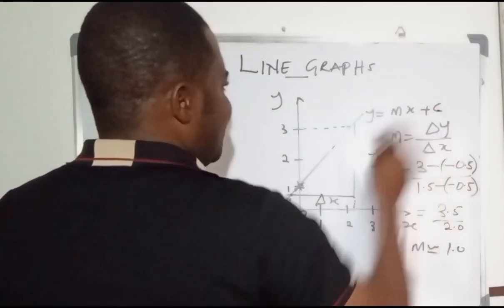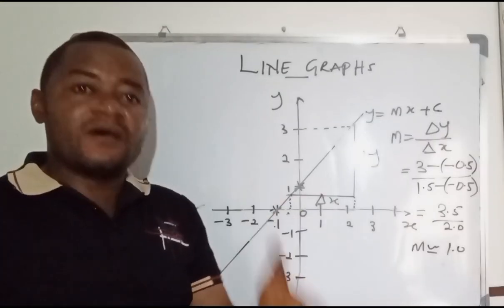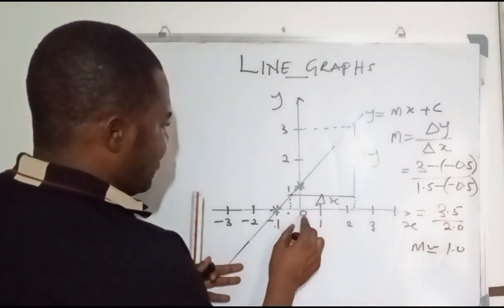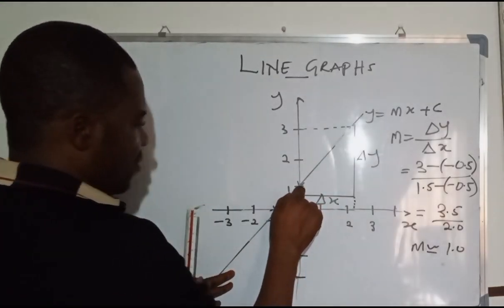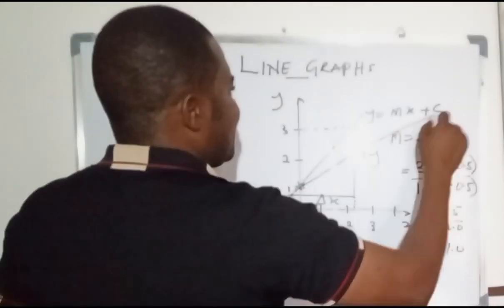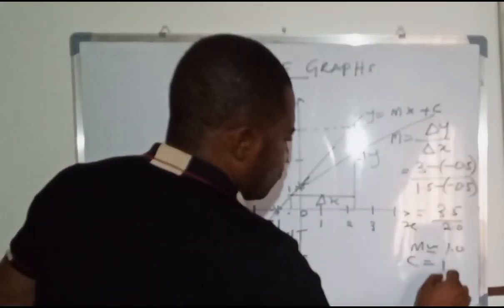And then our c, remember that our c is defined as the intercept, a point where the line cuts the y-axis at 0. Now, if this is 0, this straight line cuts at plus 1. So it means that the intercept c is 1.